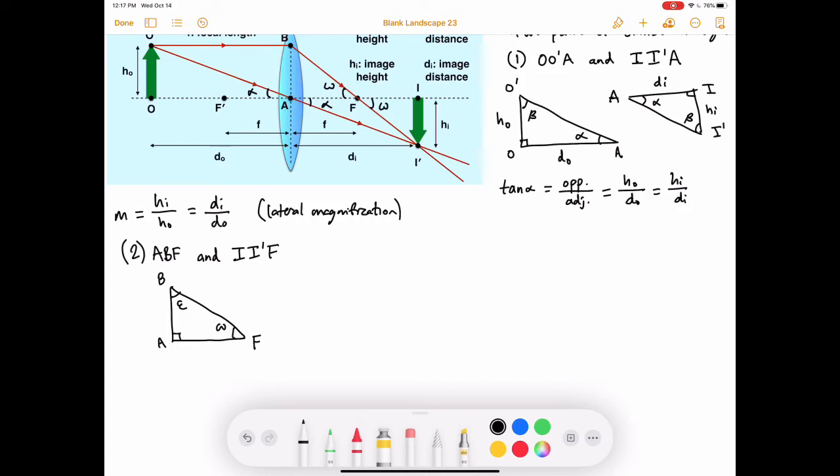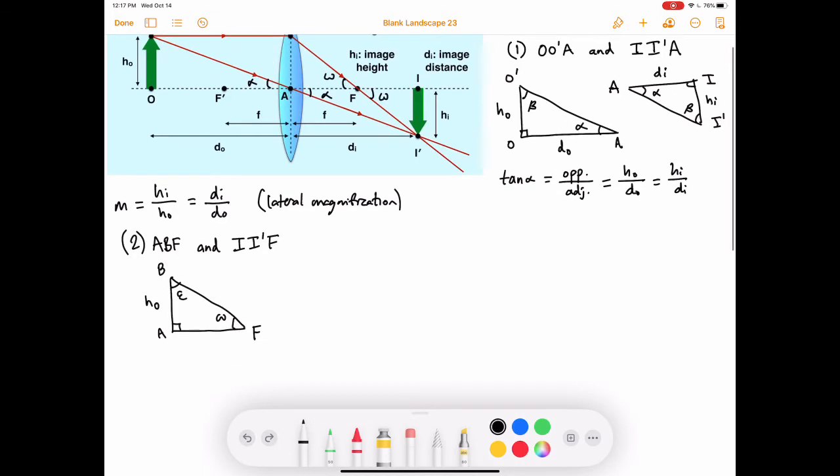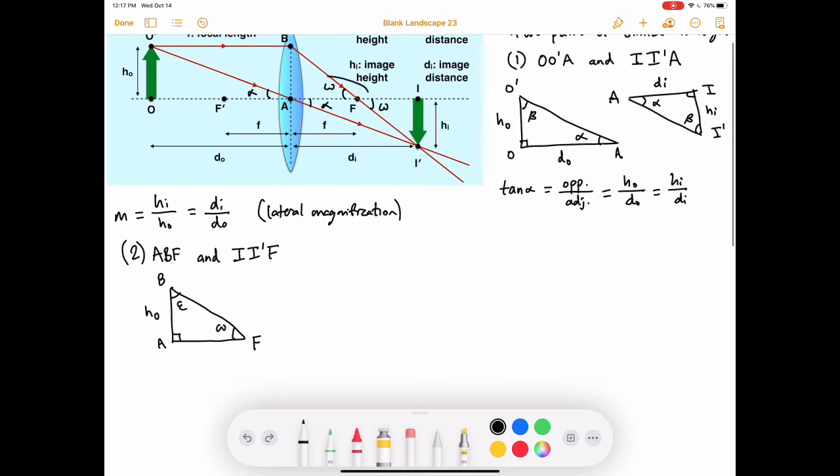Okay. Now, going from A to B, if you notice, that's the distance HO. That's the height of the object. Okay, so in other words, this distance right here from A to B is the same as HO. And then this distance from A to F is what we call the focal length. So this side length will be F, the focal length.